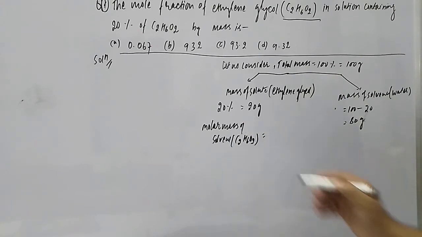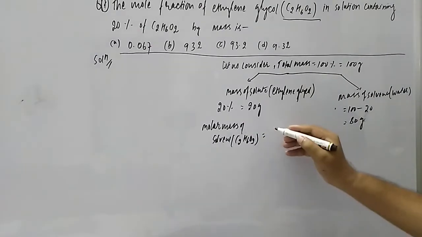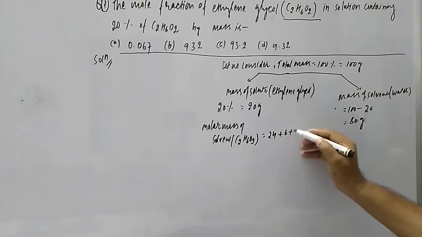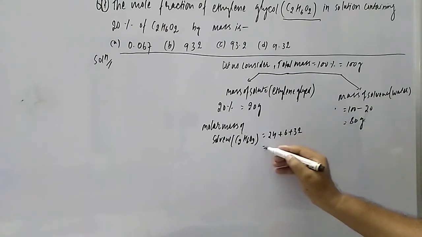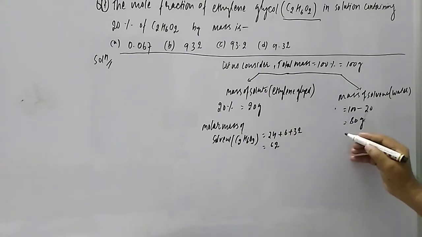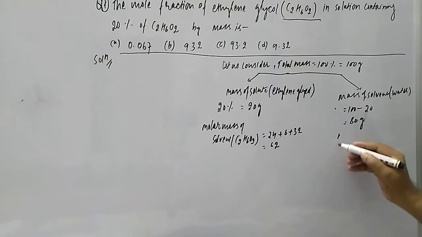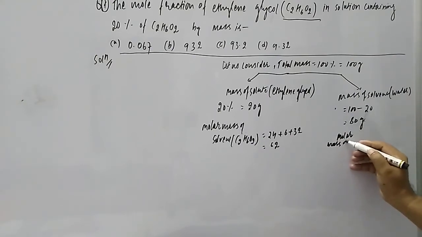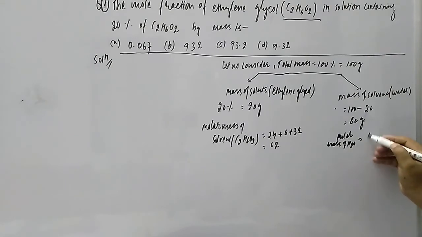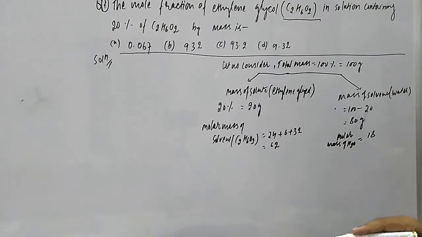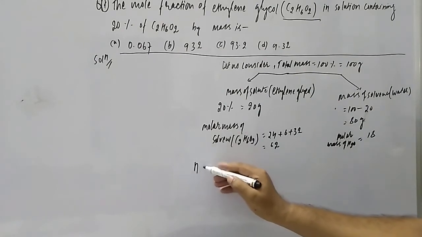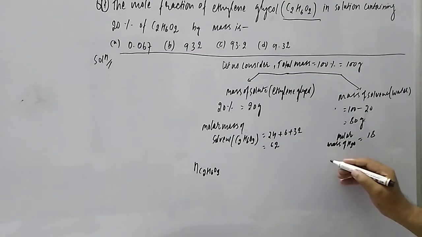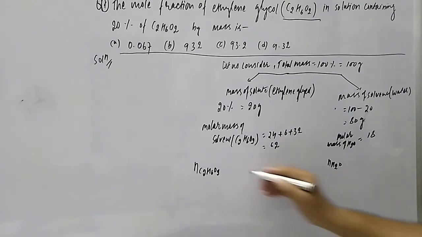So if you calculate, it is 24 for 2 carbon, plus 6, plus 32, which on adding comes to 62. And for water, the molar mass of H2O is 18, this we know. So n of C2H6O2 and n of H2O, how much will you get?